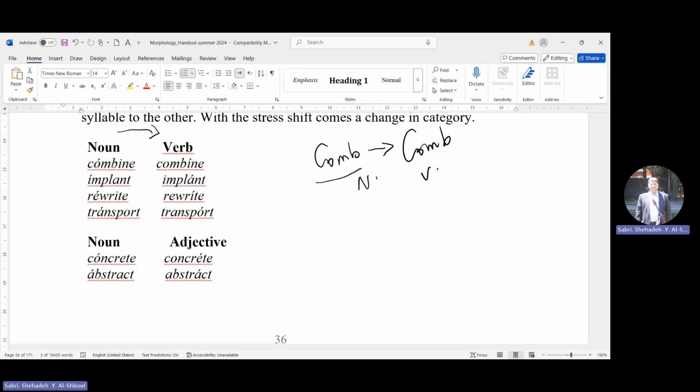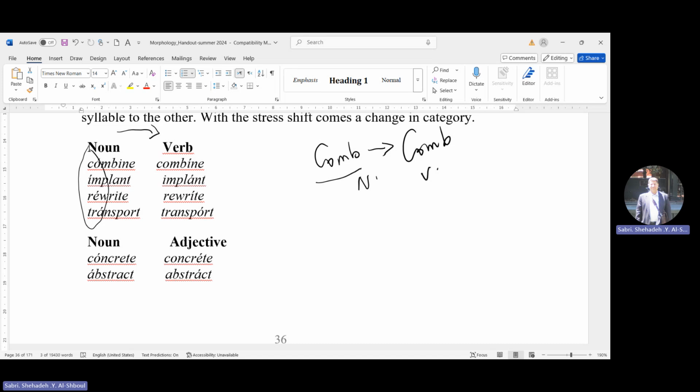So we have combine, implant, rewrite, transport. Here we notice that the stress location moves from the first syllable into the second syllable. This is clear in combine, implant, rewrite, and transport.